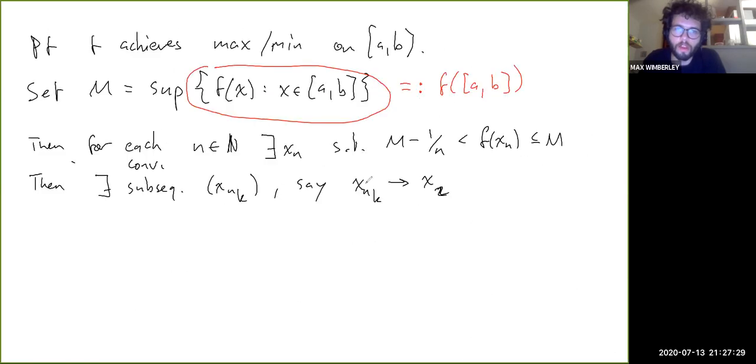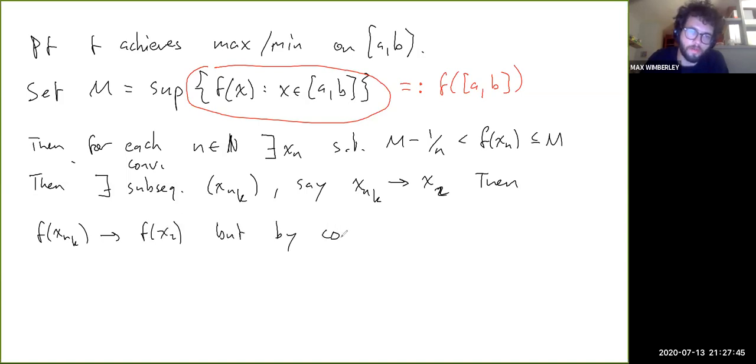All right, whatever. So then f of xnk converges to f of x2, but by construction f of xnk also converges to M, right?